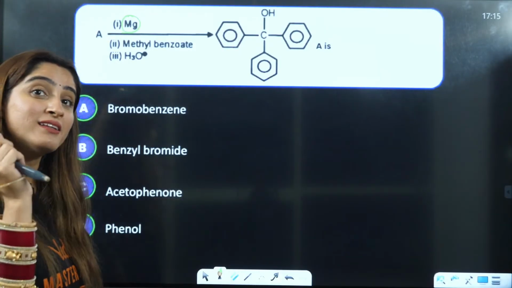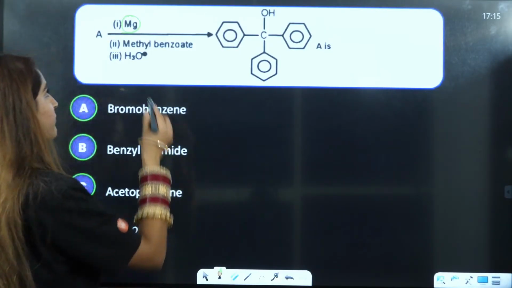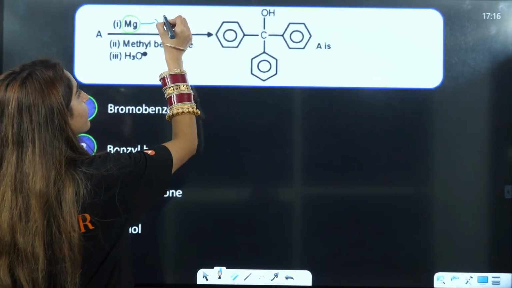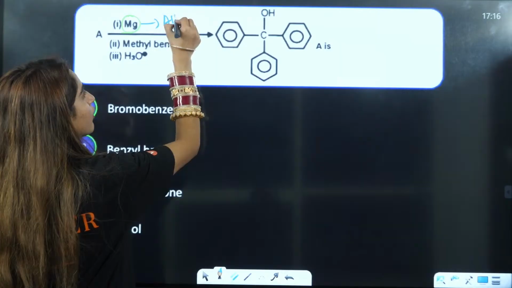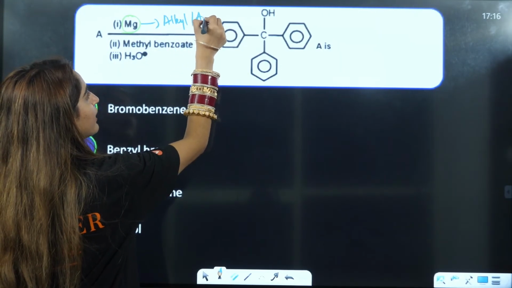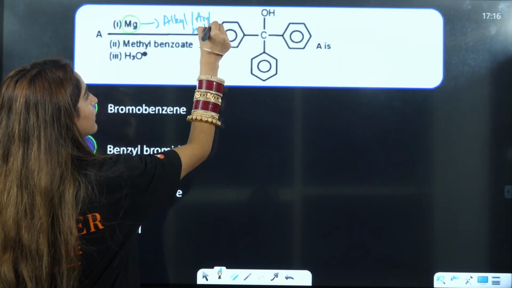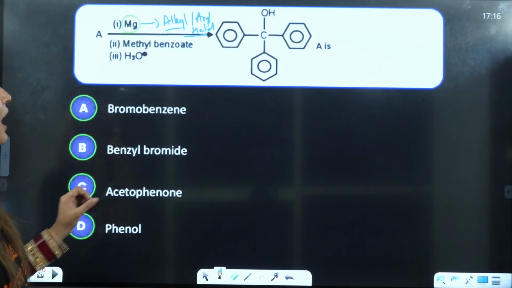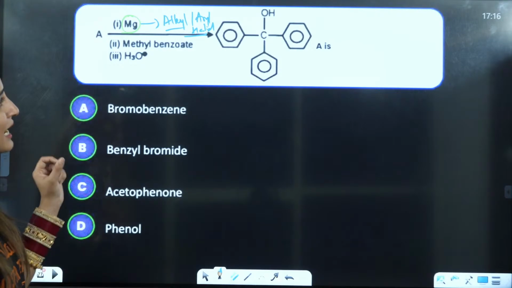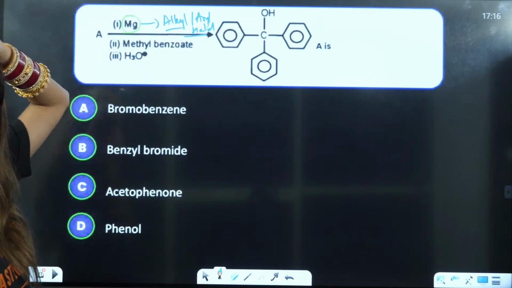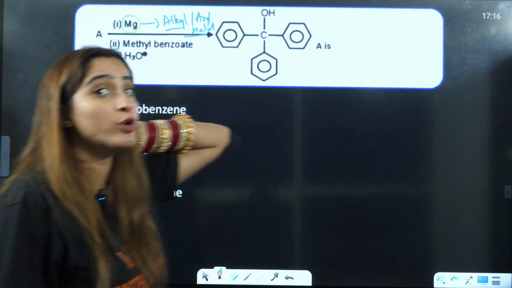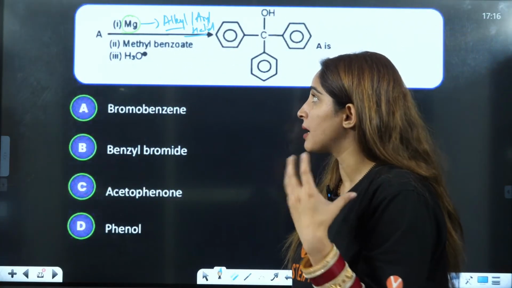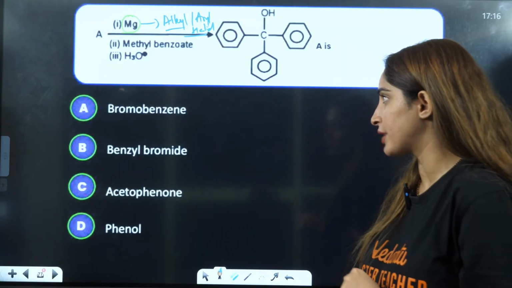So it should be either alkyl or aryl halide. Right? What is methyl benzoate? Now with methyl benzoate, in this case you need 3 benzene rings. In methyl benzoate, you don't have 3 benzene rings. So that means definitely you need something which is going to give you a benzene ring here.